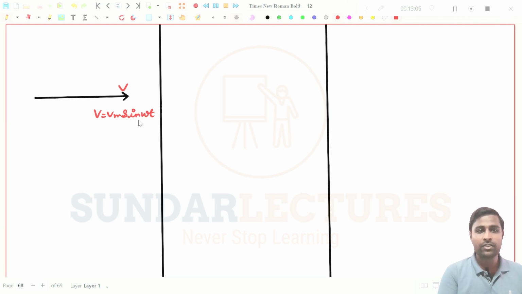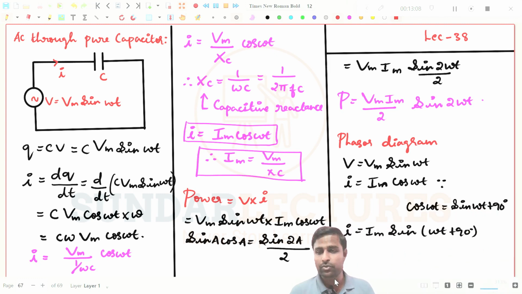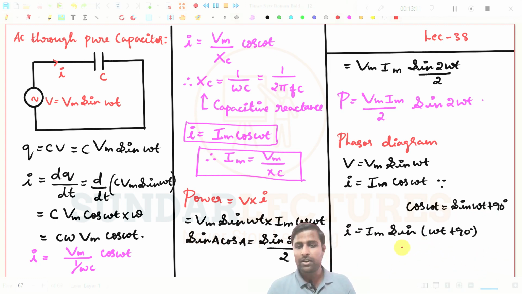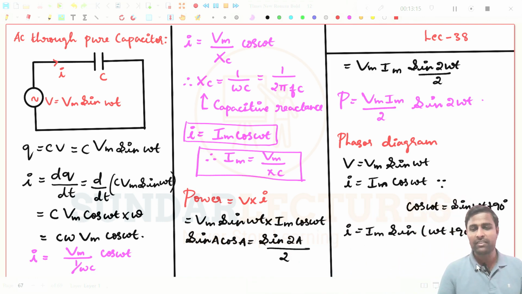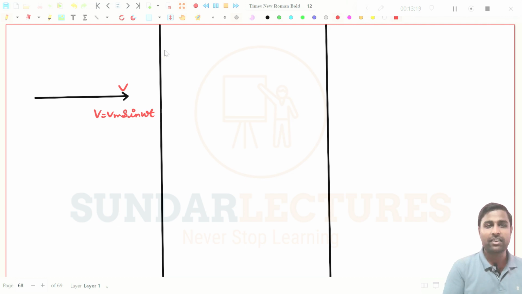And what is this one? This current is actually leading the voltage by 90 degree, plus 90 degree. So it is leading. We have seen already what is a leading phasor and what is a lagging phasor. So if it is a leading phasor, you just draw it this way.